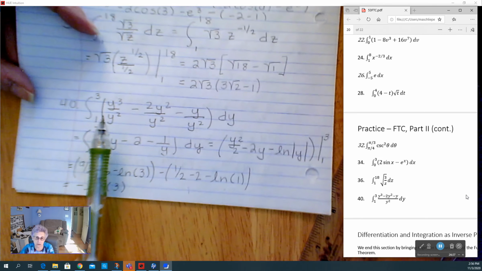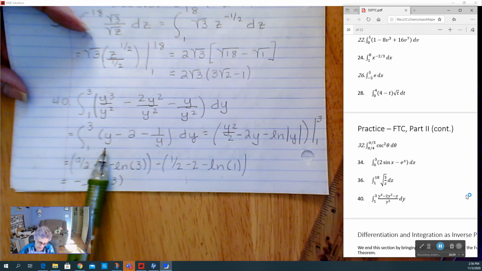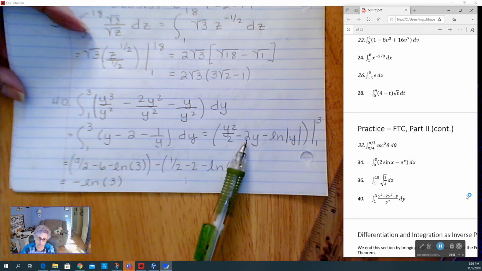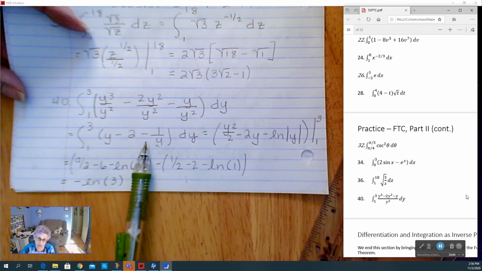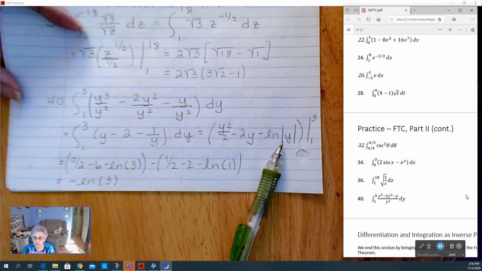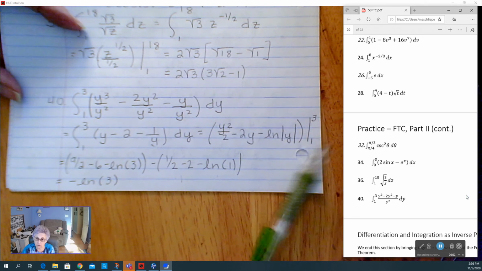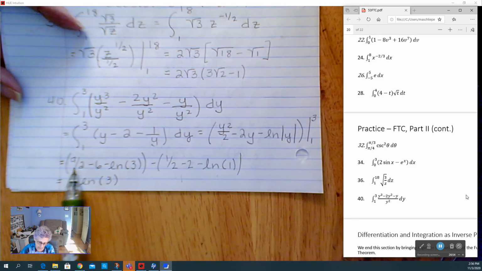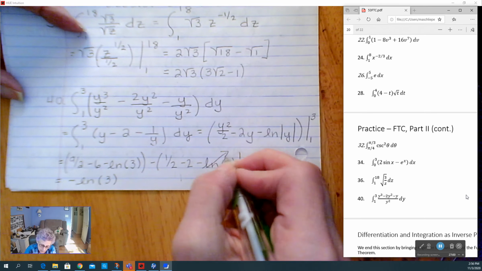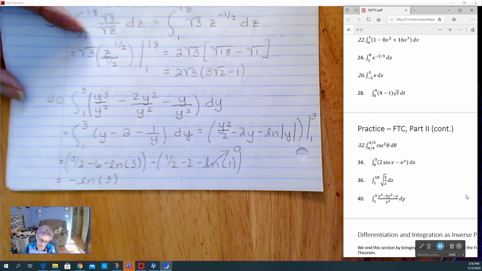Divided it into pieces. I had to take the antiderivative of y, antiderivative of 2, antiderivative of 1 over y, natural log of the absolute value. So our integral goes from 1 to 3, plug in 3, plug in 1, natural log of 1 is 0.